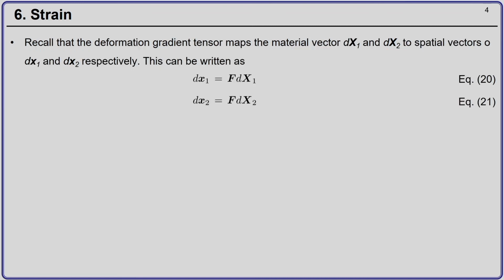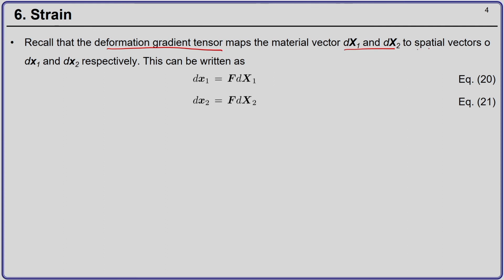Now, we can recall that the deformation gradient tensor F maps the material vectors dx1 and dx2 to spatial vectors small dx1 and small dx2. Mathematically, the spatial vector dx1 is F times material vector dx1.